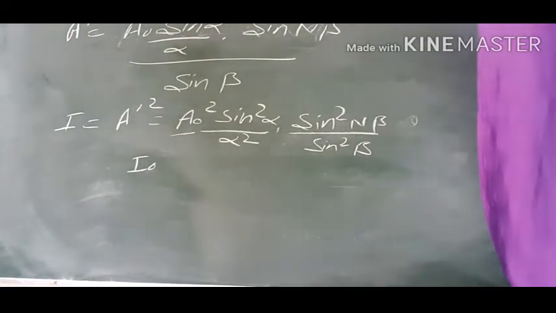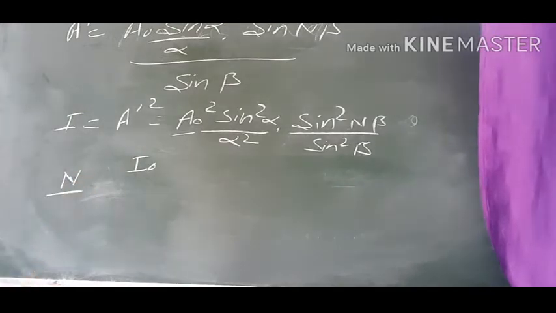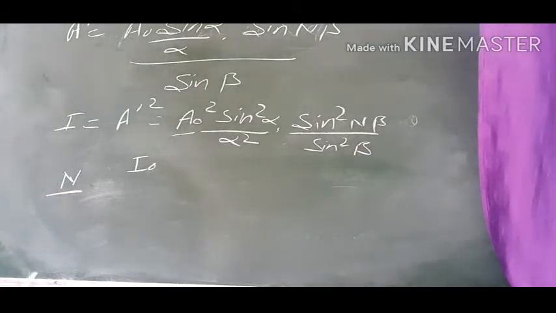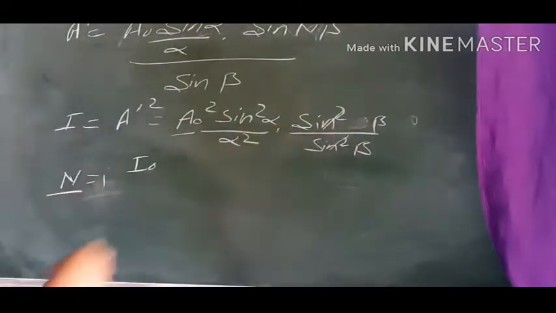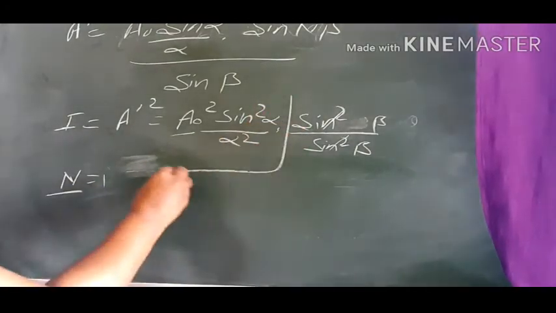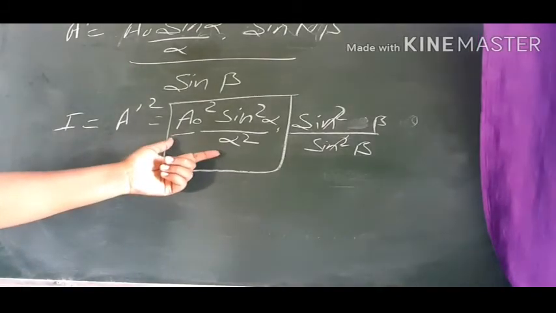Now if N is equal to 1, where N represents the number of slits, that is a single slit, then this term cancels out and we finally get the intensity due to a single slit.